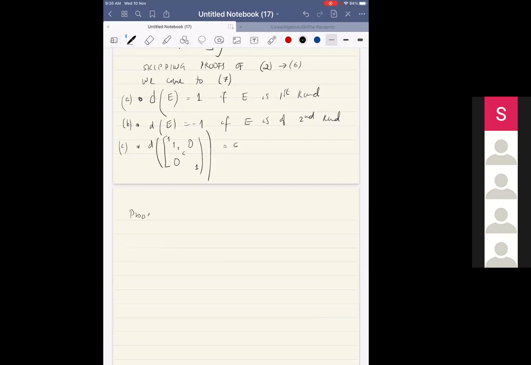Proofs. I'll start with the easiest, with this C. Well, this is D of 1, I will just write this R1 tilde, R2 tilde. So this C is in the jth row.